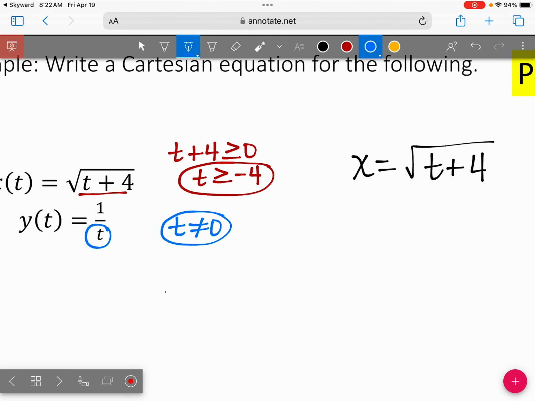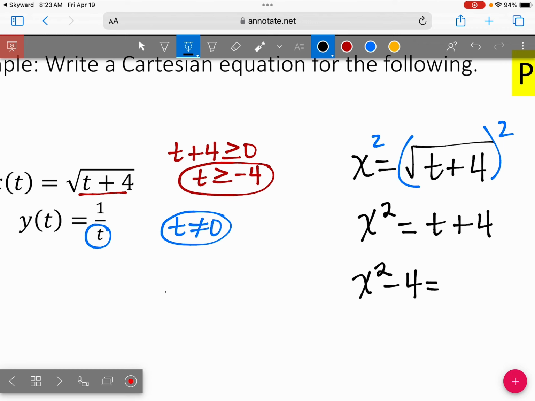When you do that, you get x squared equals t plus 4. And then what do I need to do? Subtract the 4 on both sides. So x squared minus 4 equals t.